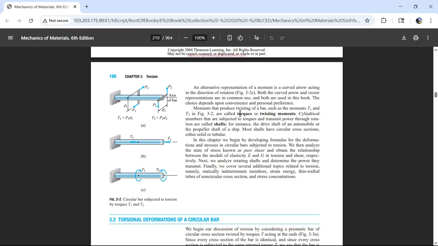Moments that produce twisting of a bar, such as the moments T1 and T2, are called torques, or twisting moments. Cylindrical members that are subject to torques transmit power through rotation. So if you're trying to transmit that moment into something useful, that's going to be called a shaft.